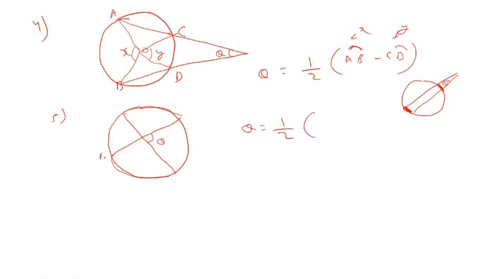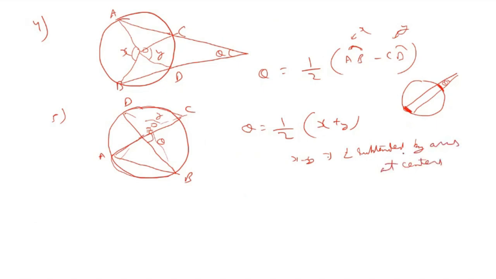So if we give it some names, it will be X plus Y if AB subtends an angle of X at the center and CD subtends an angle of Y. So the angle at the intersection point would be half of X plus Y. X and Y are angles subtended by those arcs at the center.